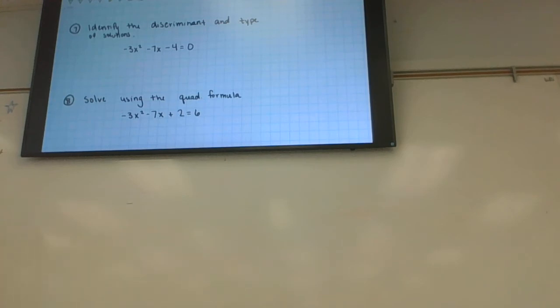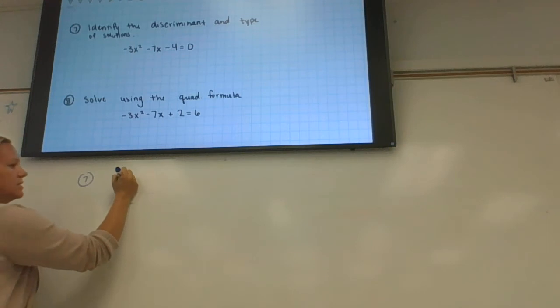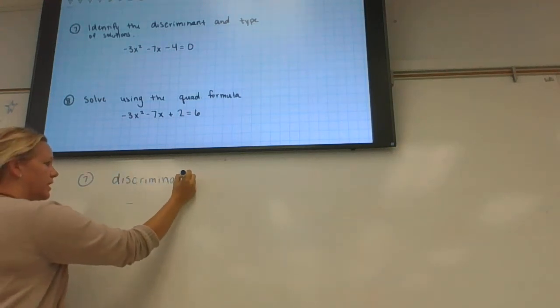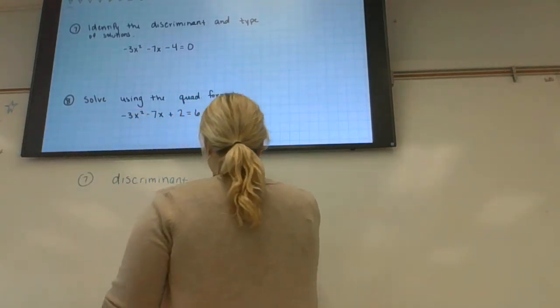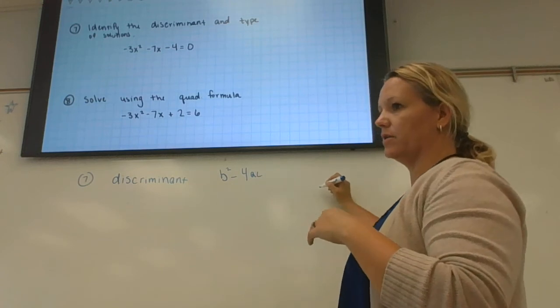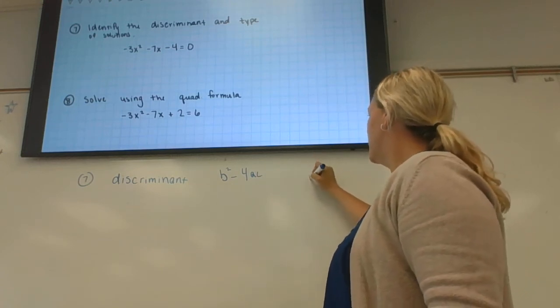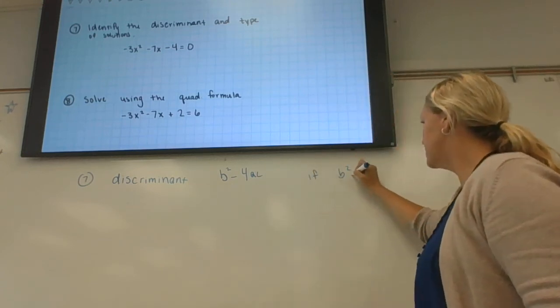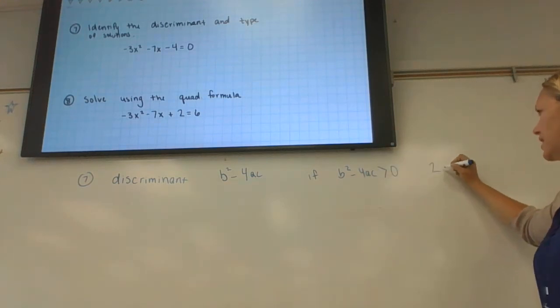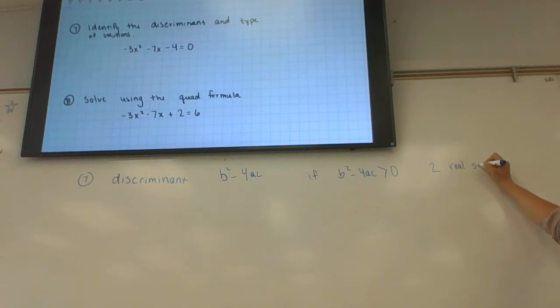On Friday, we talked about the discriminant, and I'll do it all over again. The discriminant is b squared minus 4ac, the little part under the radical. If b squared minus 4ac is greater than 0, the problem has 2 real solutions.